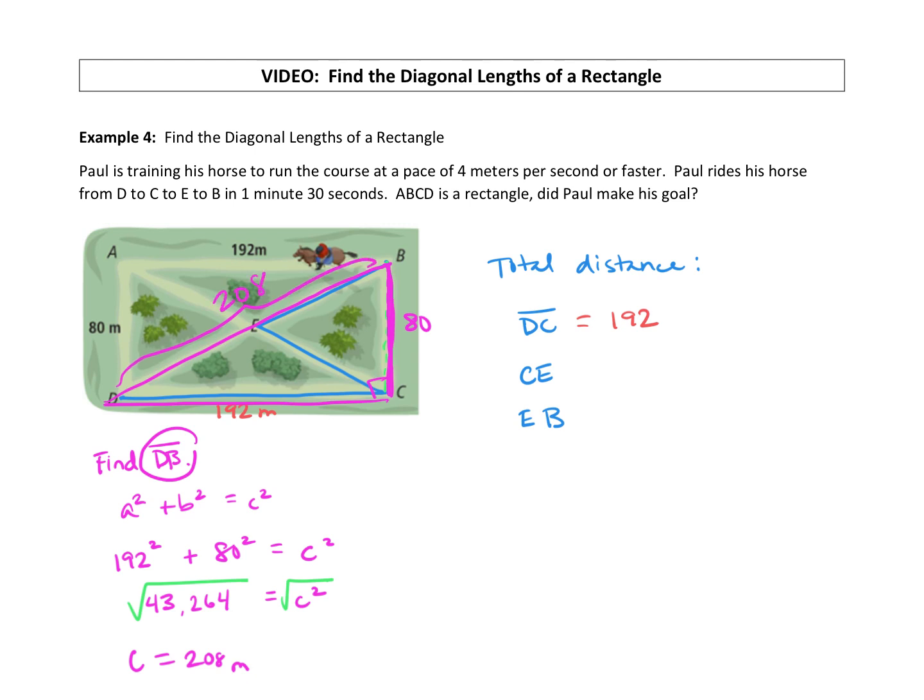Well, segment DB is a diagonal of a rectangle. We know a couple things about the diagonals of a rectangle. One, because this is a parallelogram also, the diagonals will bisect each other. So we know that this segment is congruent to this segment.